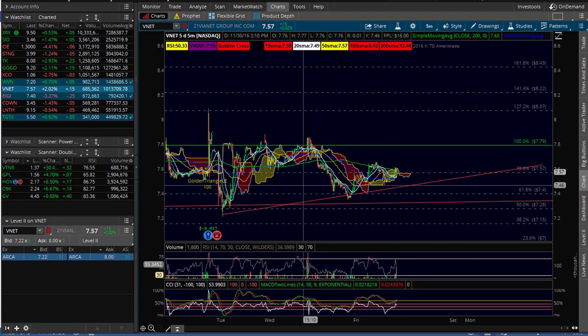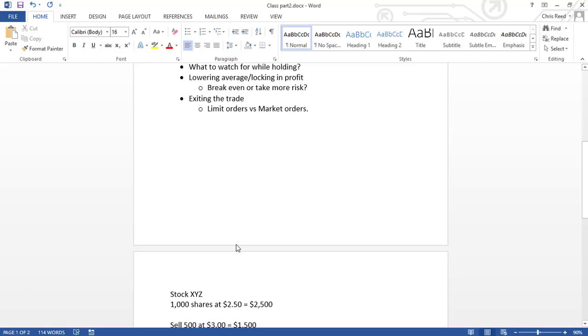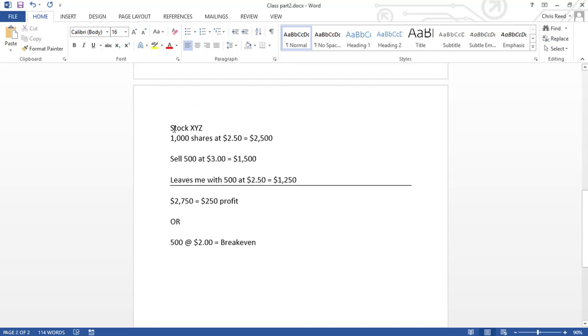On a trade, for example, let's say you're in stock XYZ, and you bought 1,000 shares at $2.50. You now have $2,500 in the game, also factoring in commission, whatever you're paying. But as far as share value, you have $2,500 in the game.